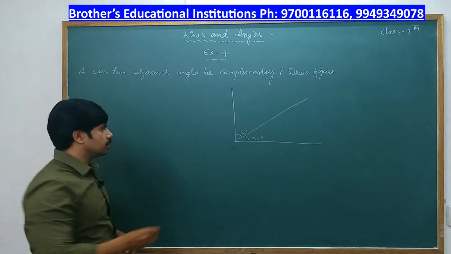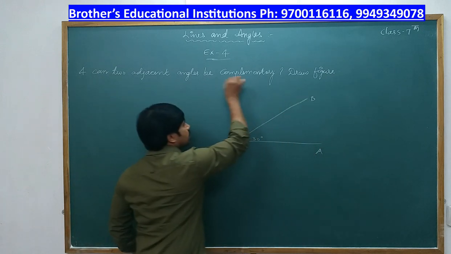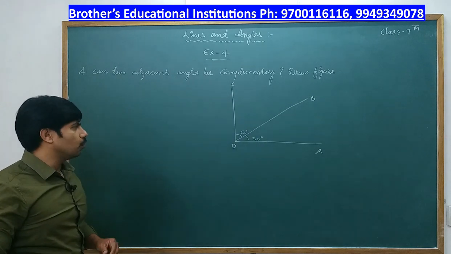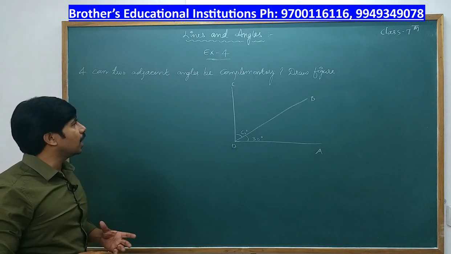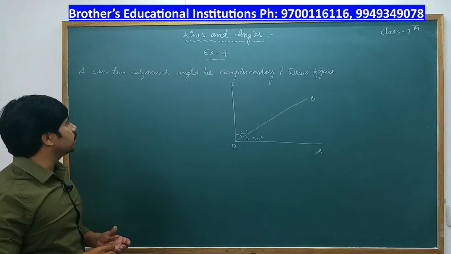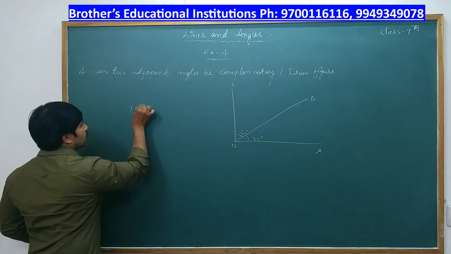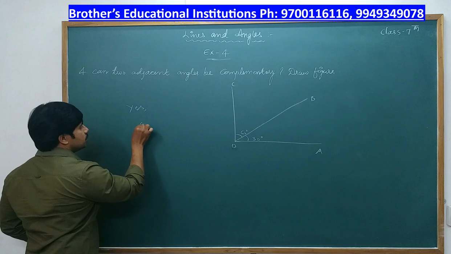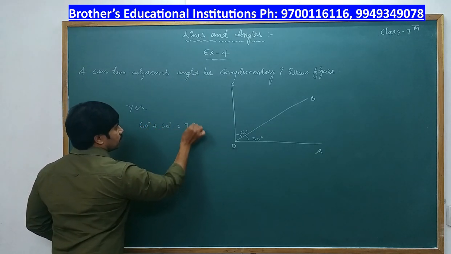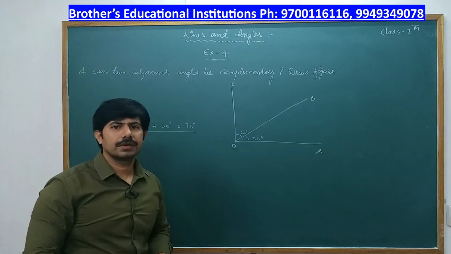Now suppose you mark this as O, A, B, C. So here angle AOB and angle BOC are complementary to each other. Can two adjacent angles be complementary? Yes, they can. The reason is you add these two and we get 90 degrees. Okay, so this is completed.